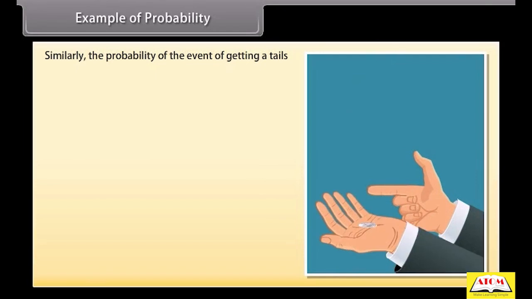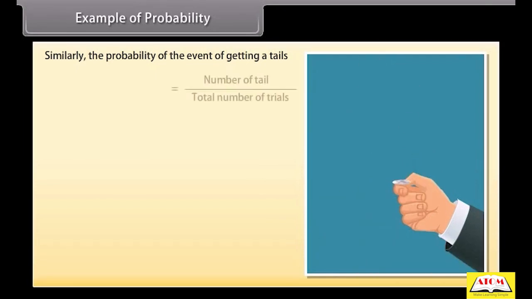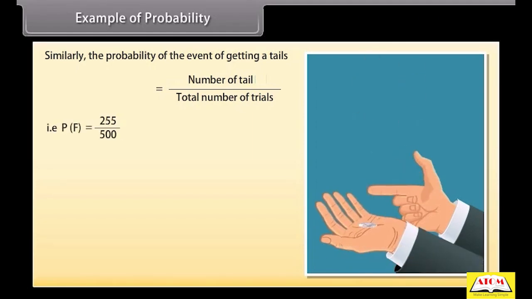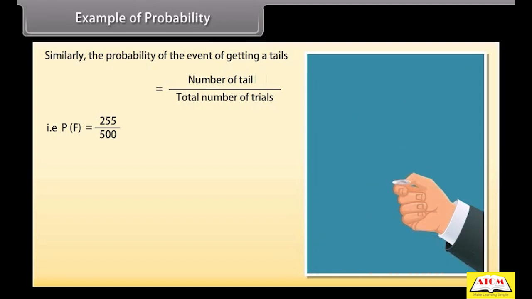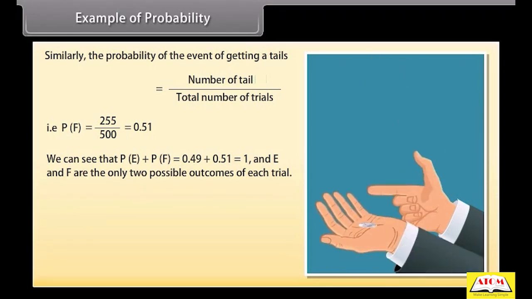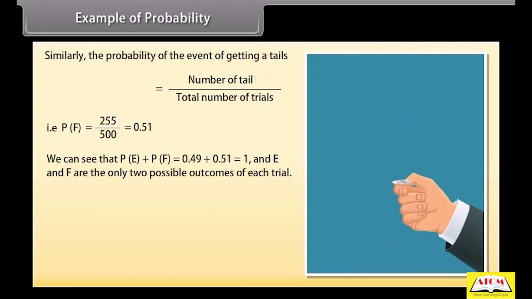Similarly, the probability of the event F of getting a tail is equal to number of tails upon total number of trials, that is, P(F) is equal to 255 upon 500, which is 0.51. We can see that P(E) plus P(F) is equal to 0.49 plus 0.51, which is equal to 1. And E and F are the only two possible outcomes of each trial.